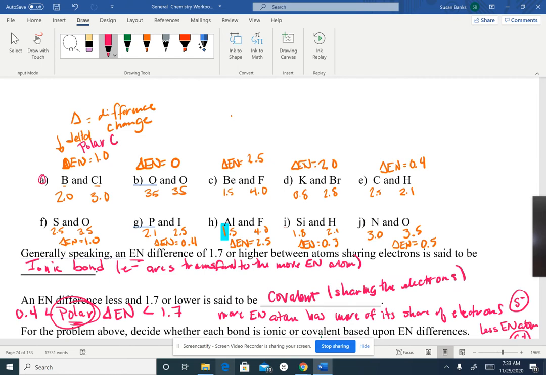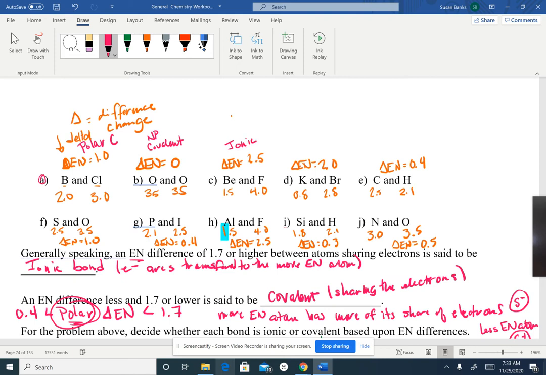On B, we have a difference of 0. So this is going to be nonpolar covalent. On C, beryllium and fluorine, we have a difference of 2.5, which is definitely bigger than 1.7. So this is going to be ionic.